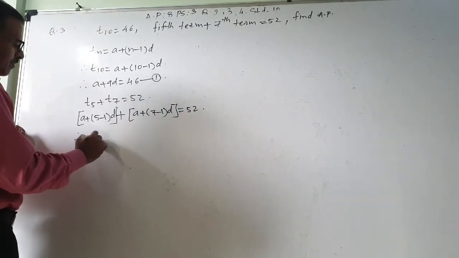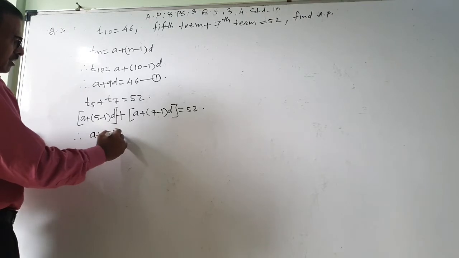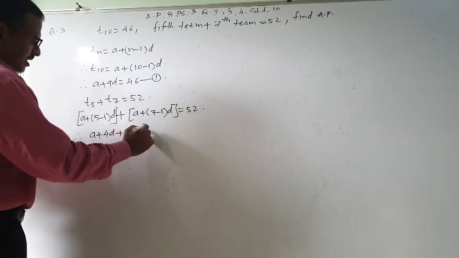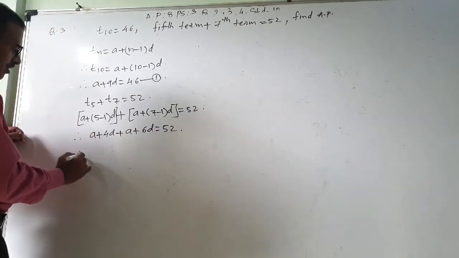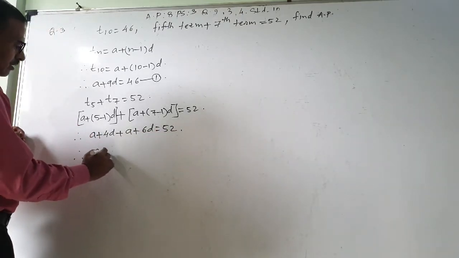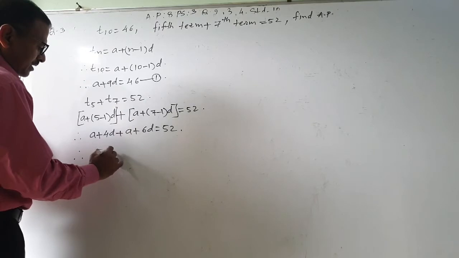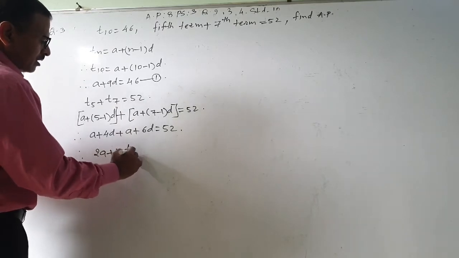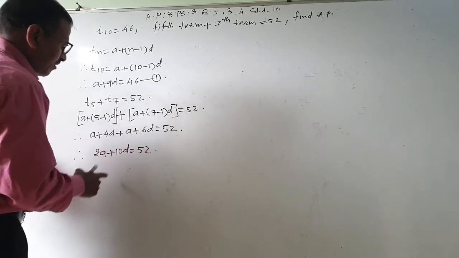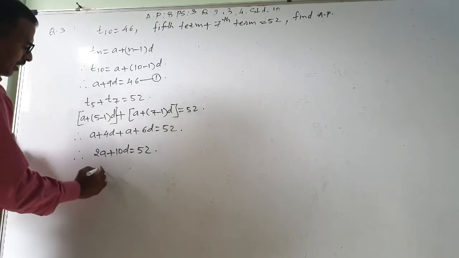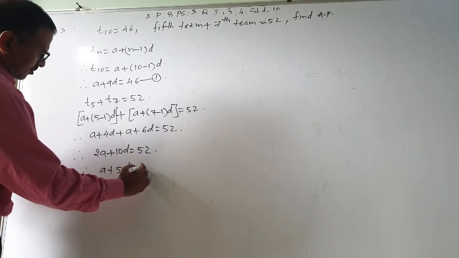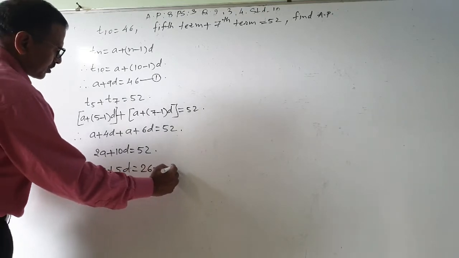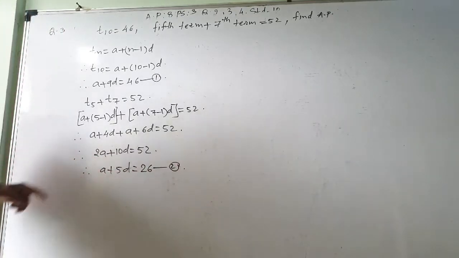Therefore a plus 4d plus a plus 6d is equal to 52. Therefore, a plus a is 2a, 4d plus 6d is 10d is equal to 52. I can divide by 2. Therefore, a plus 5d is equal to 26. This is number 2.